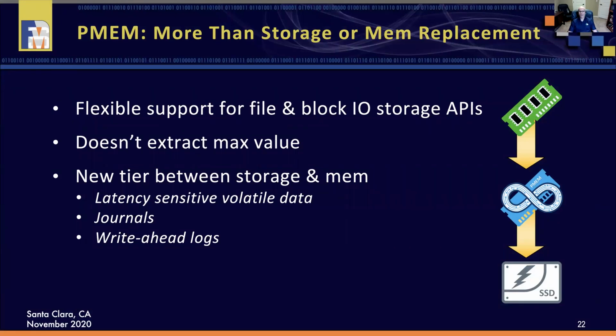You need to think of this as a new tier between storage and memory for data that may be latency sensitive, data that you don't want to be volatile, like journals, write-ahead logs, redo logs. These are all key things in databases that you can think through and take huge advantage of with PMEM.